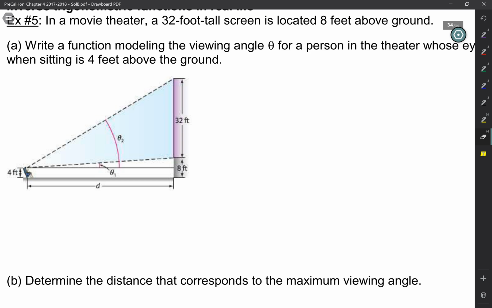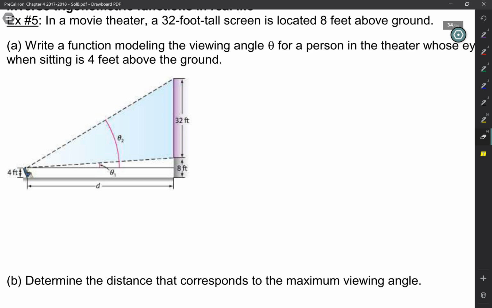Now, the way the parameters are defined here is theta 2 is the region that goes from the very top to the solid line down here. Theta 1 is between eye level for you and where the screen starts. Okay?